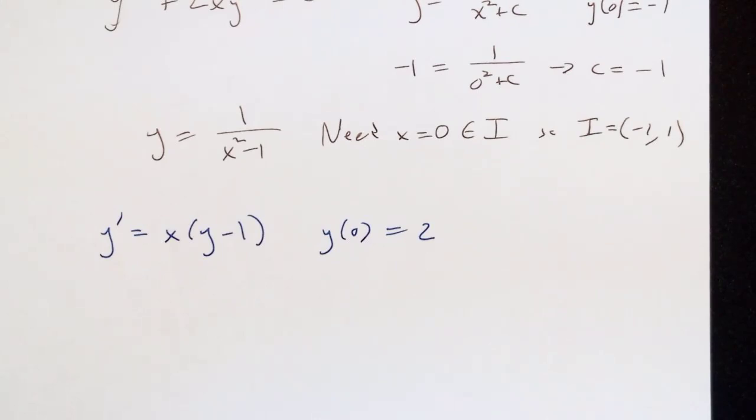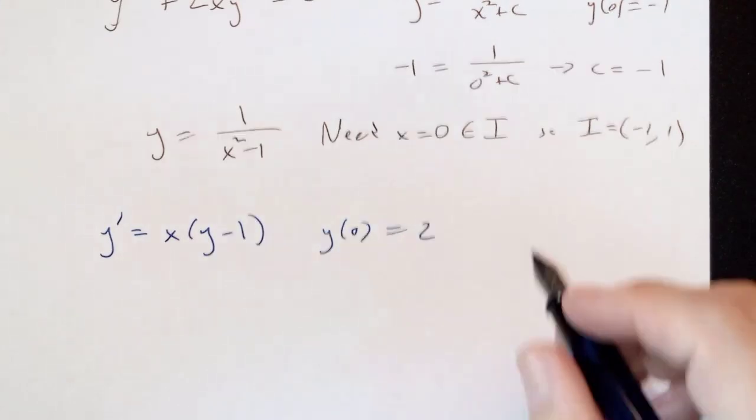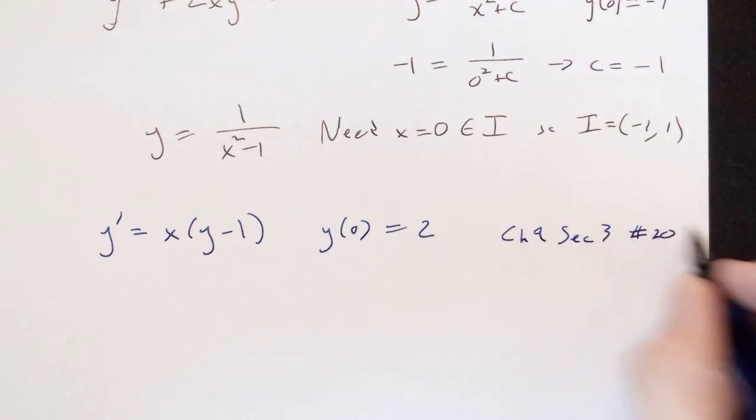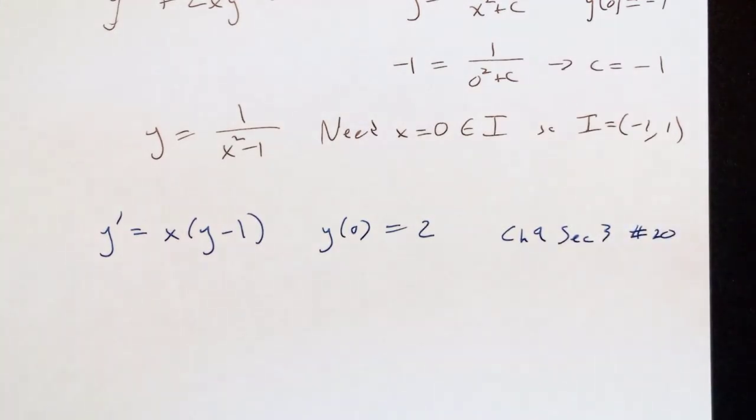Chapter 9, section 3, problem number 20. I literally wrote down the page and problem number out of the old calc book. So it's been a while, but we did this one.